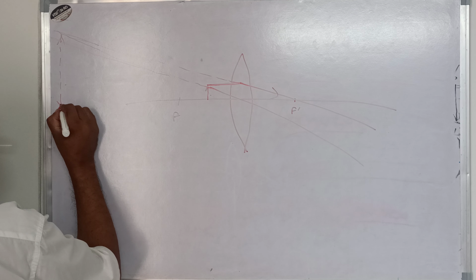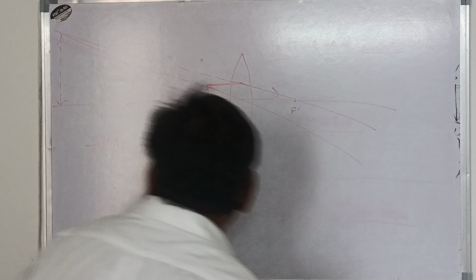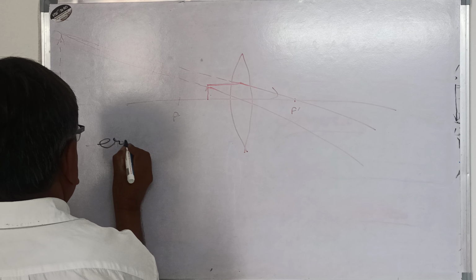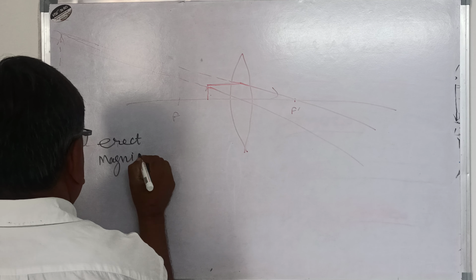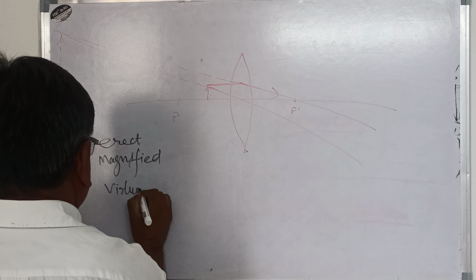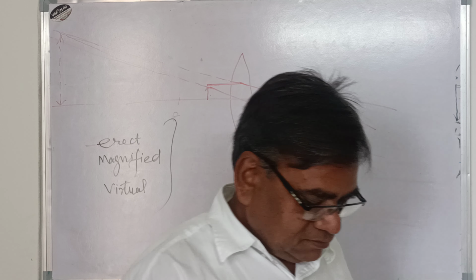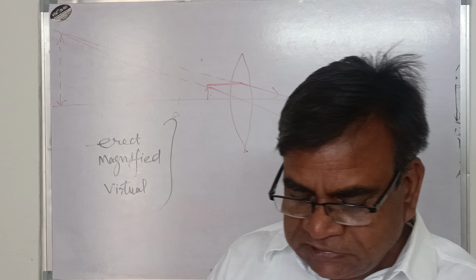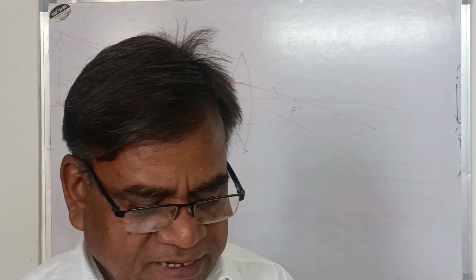So erect, magnified, virtual. By a convex lens, there is only one case, when the object is within the focus. The image will be virtual, erect, and magnified.